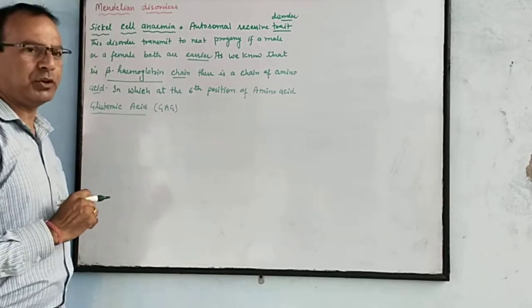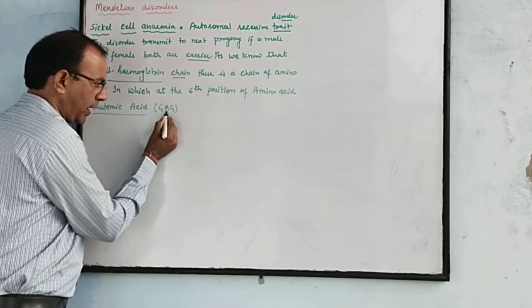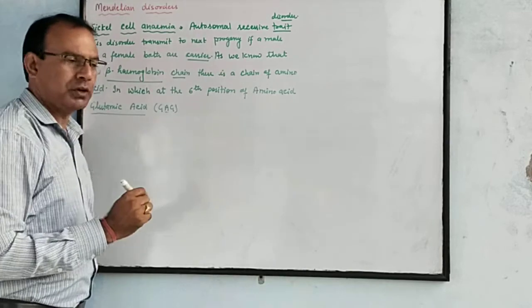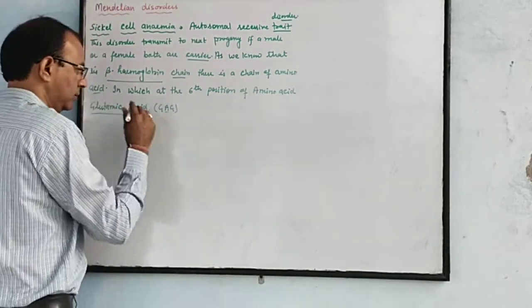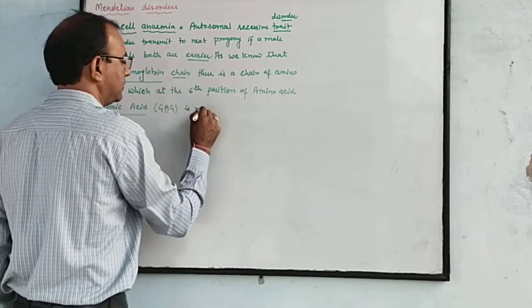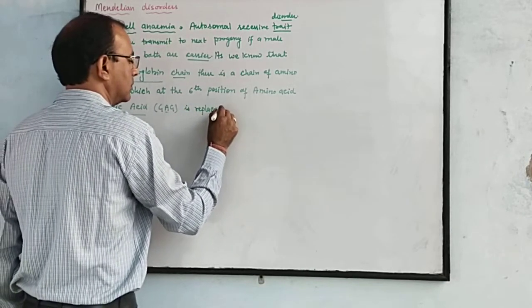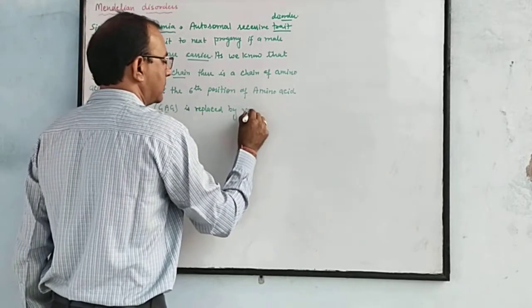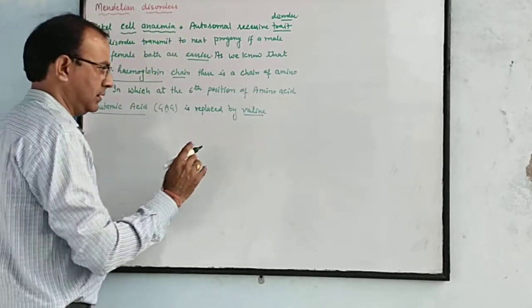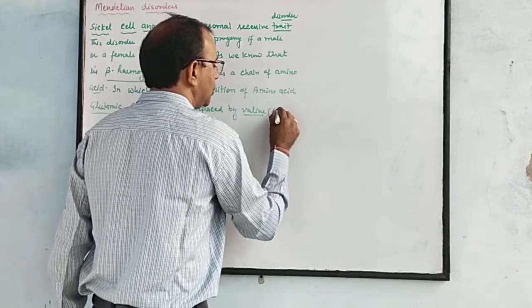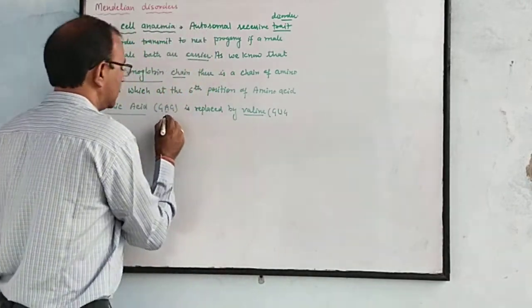But due to point mutation, one base A is replaced by U, and then glutamic acid is replaced by valine. Valine is also an amino acid, and its sequence is GUG.